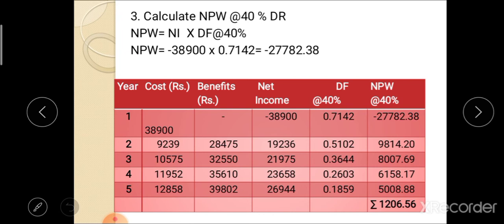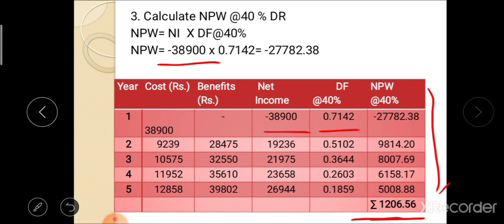Here the net income for the first year is minus 38,900 into the discount factor 0.7142, which is equal to minus 27,782.38. Similarly, you have to calculate NPW for the respective years and finally make the summation of all the NPWs at the 40% discount rate.